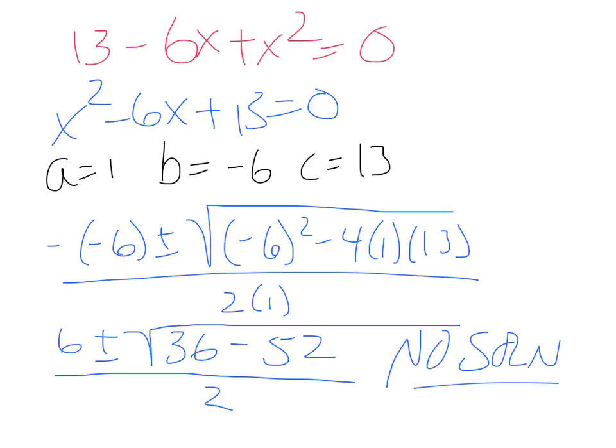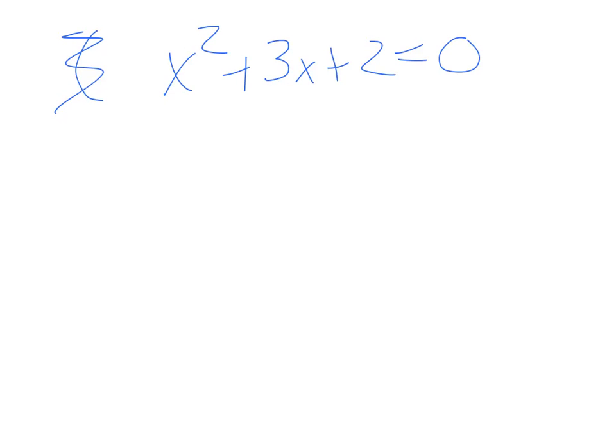When we're doing the quadratic formula, when's the only time we do the quadratic formula? When we can't do what? When we can't factor easily. If you don't see factors right away, do this, because this works for everything, as long as it's set equal to 0. But if you see a factor, like if you had x squared plus 3x plus 2 equals 0, can you factor that?